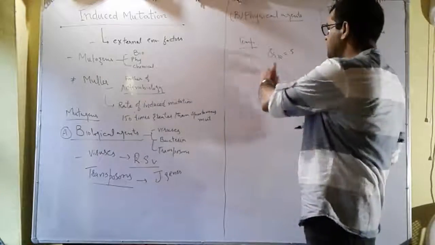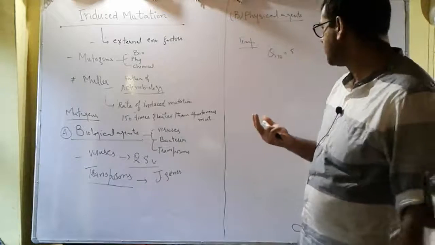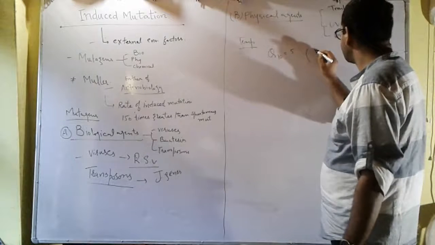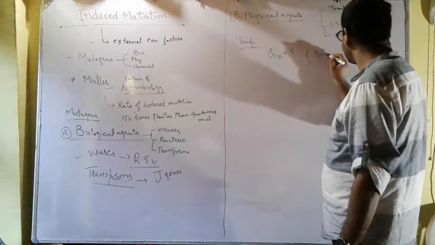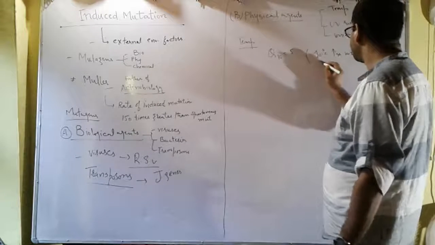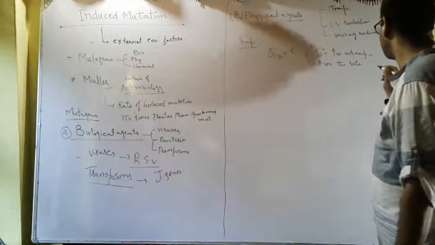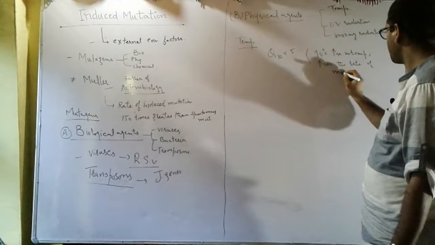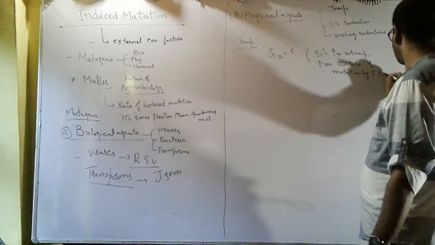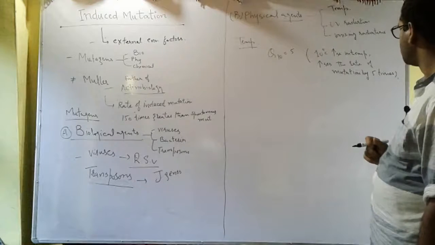That means a rise of 10 degrees Celsius in temperature increases the rate of mutation by 5 times.